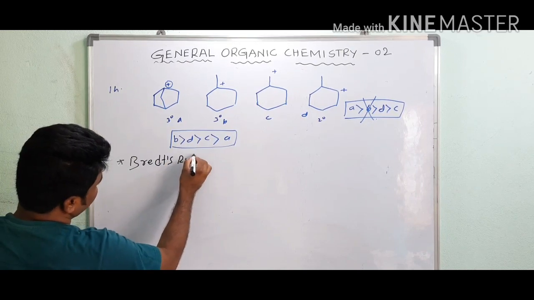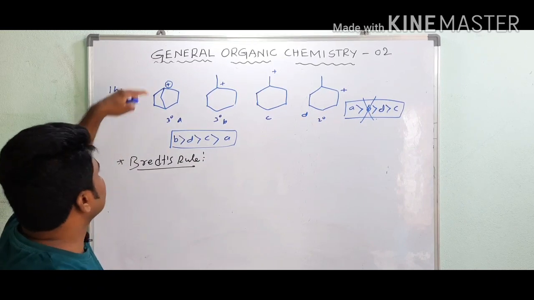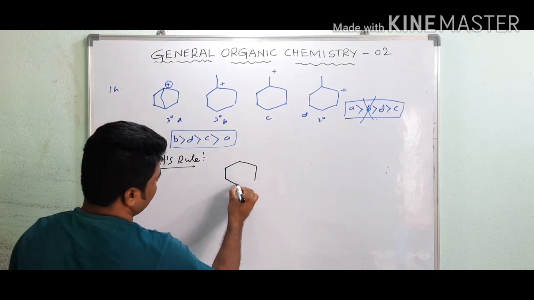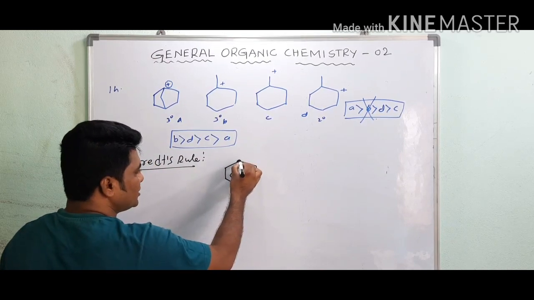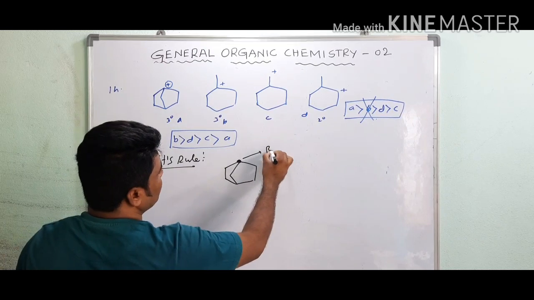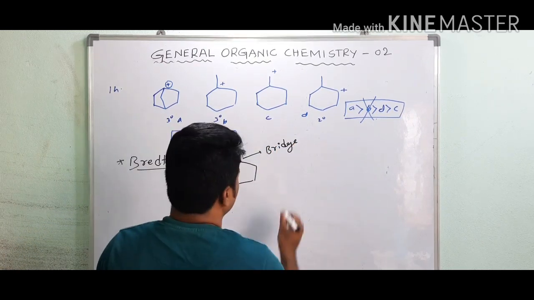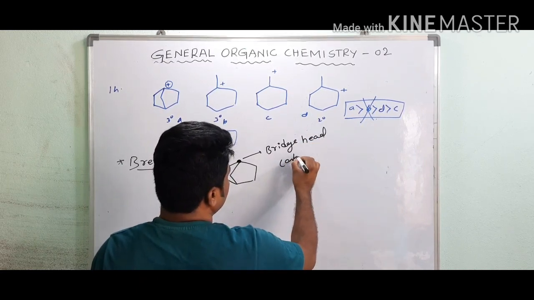Bredt's rule. What is Bredt's rule? See here, now see this compound. Actually this carbon atom is called bridge head carbon atom. Bridge head carbon atom.